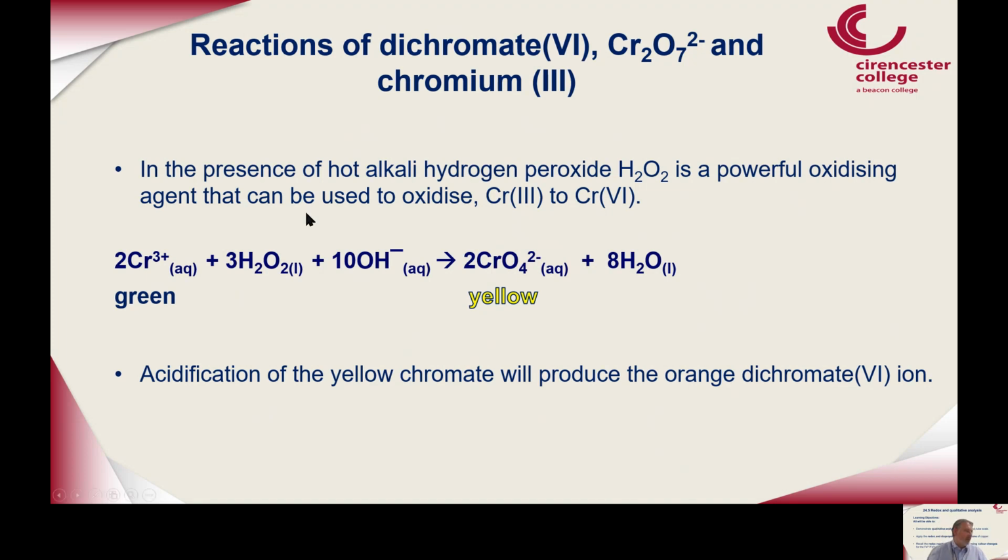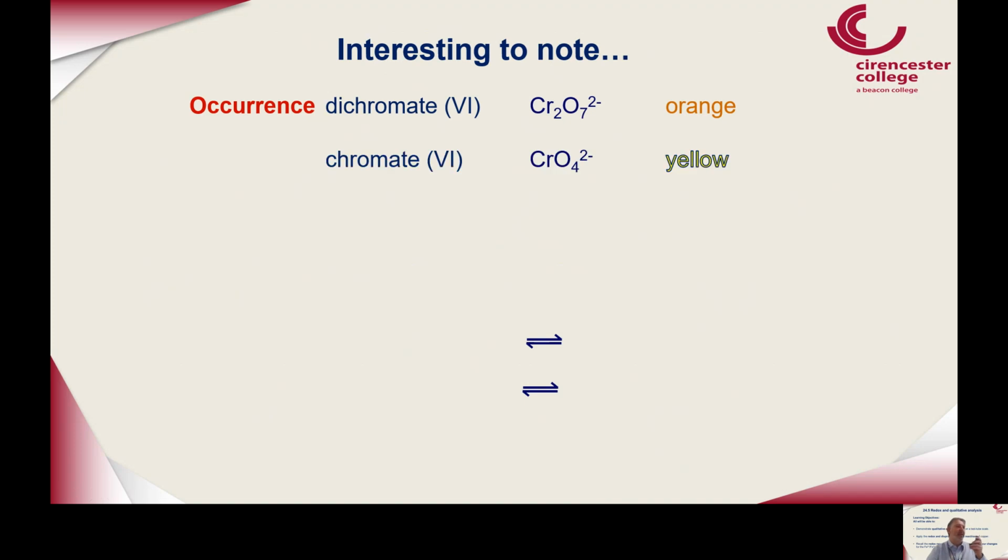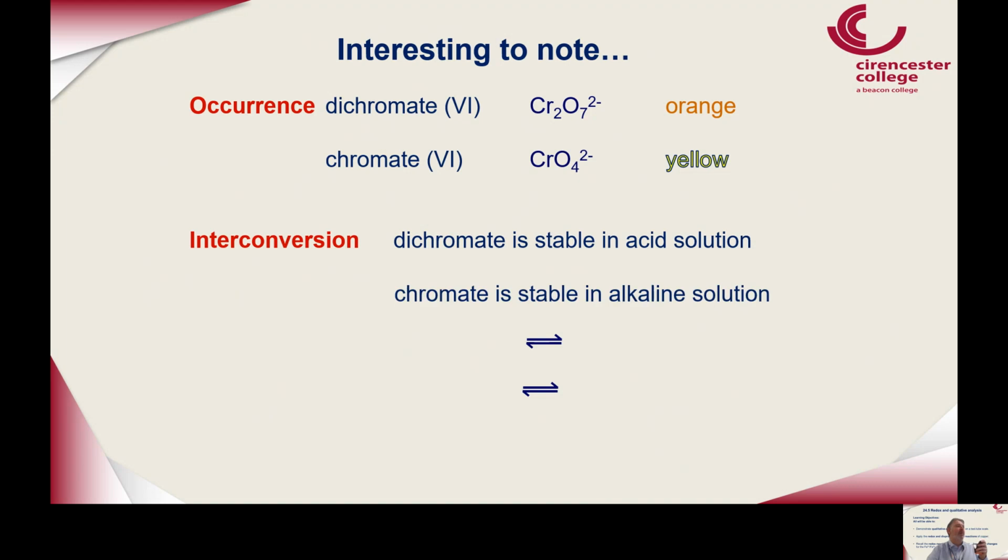So we can take our chromium 3+, turn it back into chromium 6, and that's yellow. Then if we acidify this, we get our dichromate ion. Dichromate is orange, and chromate is yellow. Dichromate is stable in acidic solution, and chromate is stable in alkaline solution.